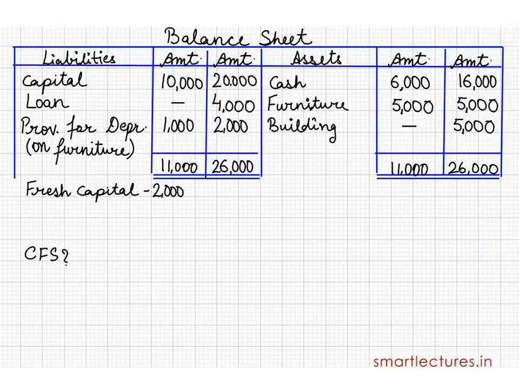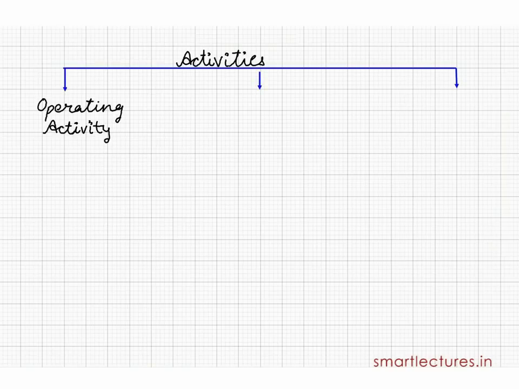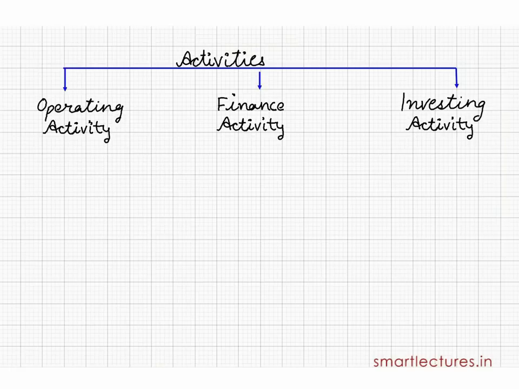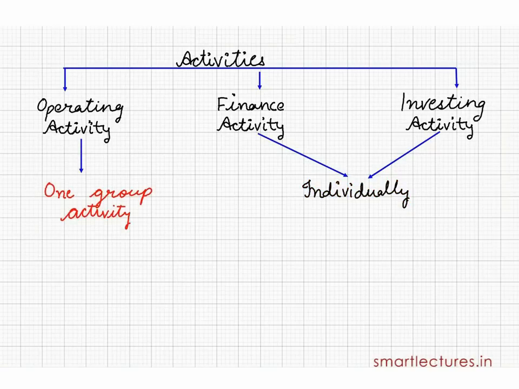In a cash flow statement, all cash activities of the year are grouped into three parts: operating, financing, and investing activities. Investing and financing activities are written individually, item by item, but all operating activities go to one pool, and the net result is cash from operation.